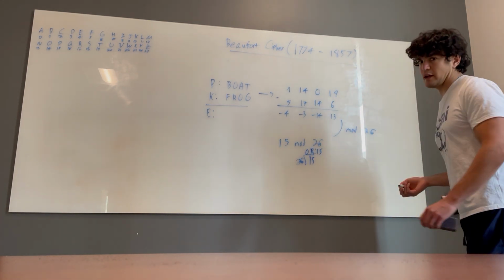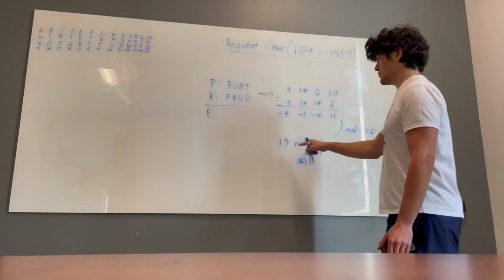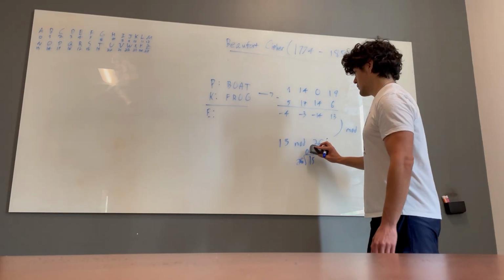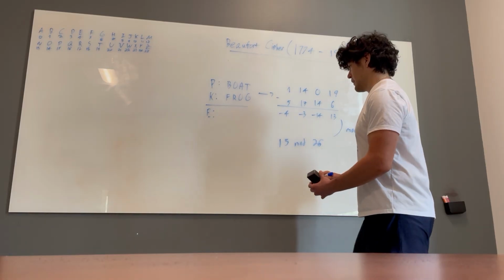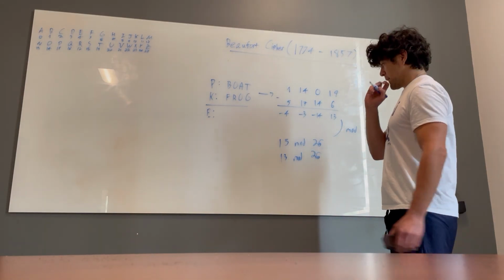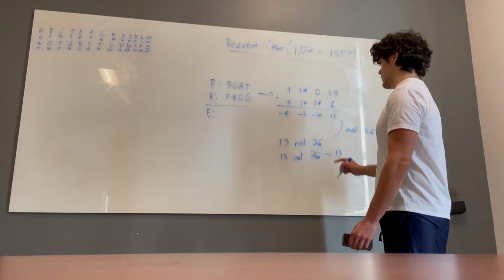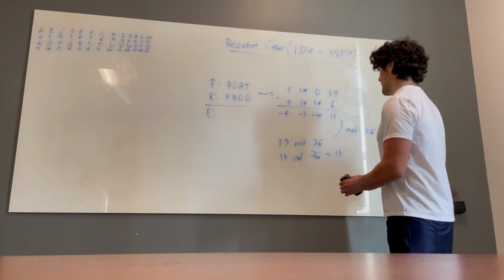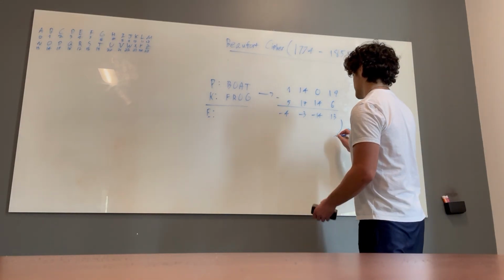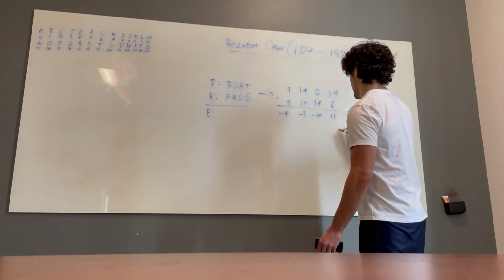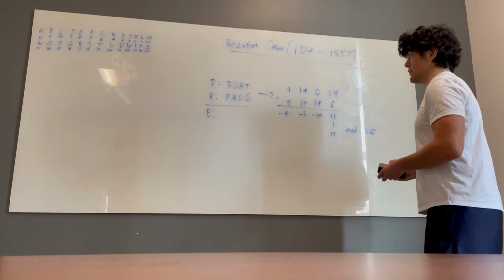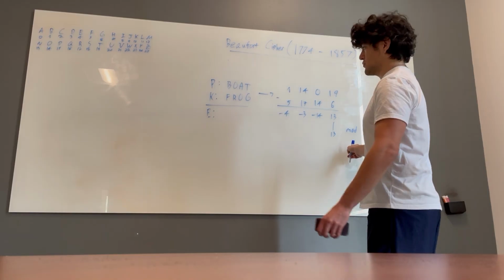This is always going to be the case when we have some number less than whatever we're modding by. So if we have 13 mod 26, this is going to be 13. Okay, I gave that one away by accident, but we'll just reveal that one. So 13 mod 26 is 13.